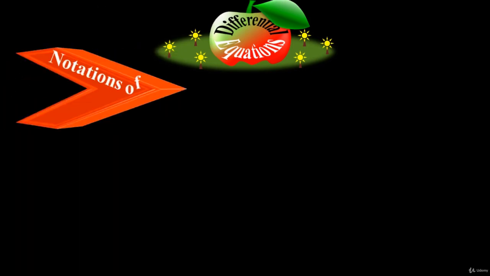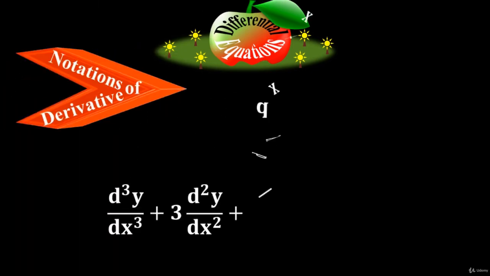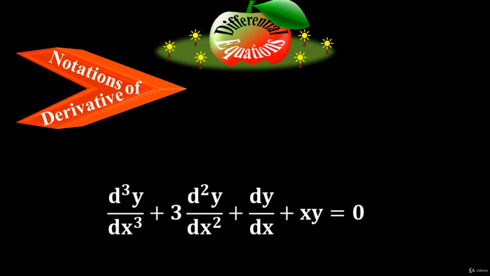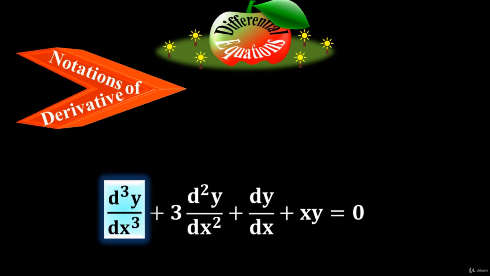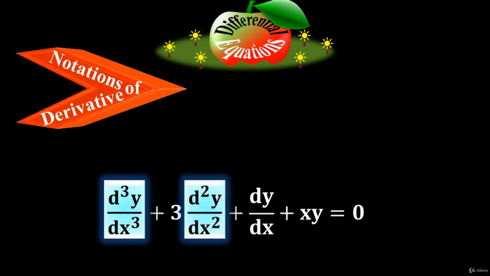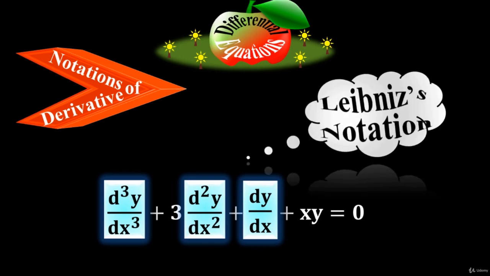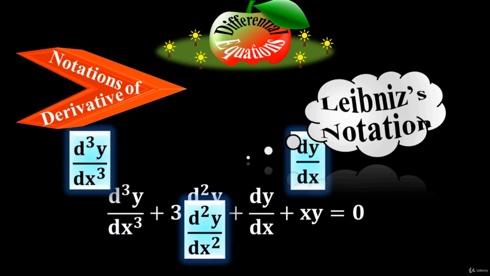Let me show you different notations and their names for the derivative term of differential equation. Notation of derivative. In the equation d cube y over dx cube plus 3 times d square y over dx square plus dy over dx plus x times y equals 0, the notations d cube y over dx cube, d square y over dx square, and dy over dx are called Leibniz notations.